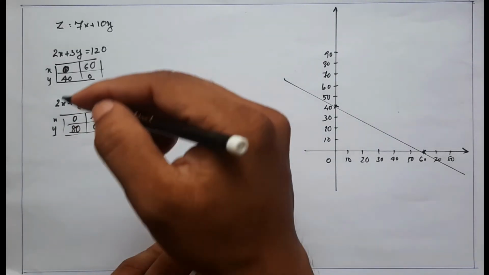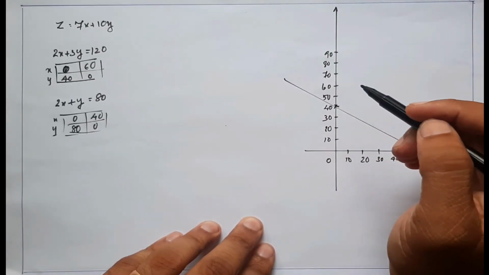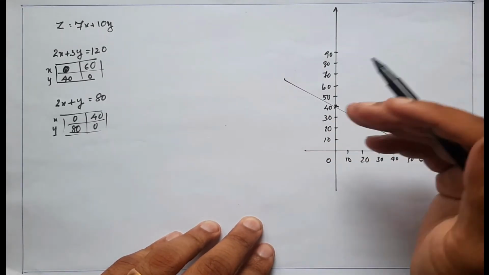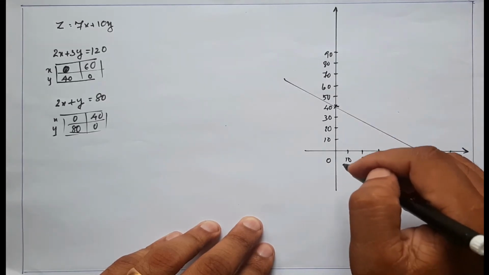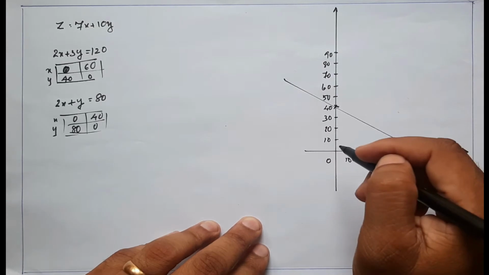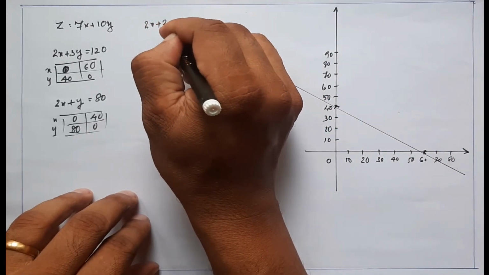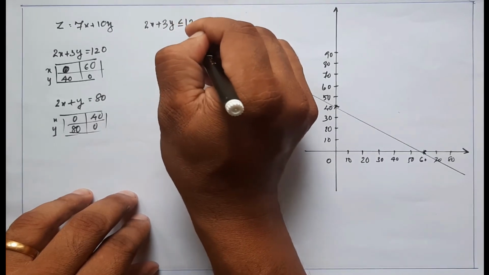Now we check the 2x plus 3y less than or equal to 120 part. There exists upper plane and lower plane. Here the origin is in the lower plane. So we substitute the value of origin into the given inequality. Now we substitute x is equal to 0 and y equal to 0 into the inequality 2x plus 3y less than or equal to 120.